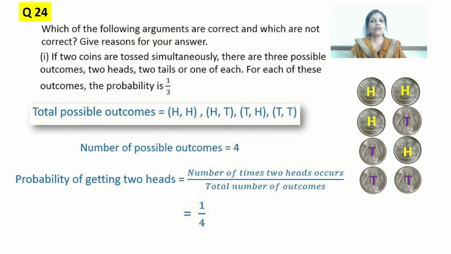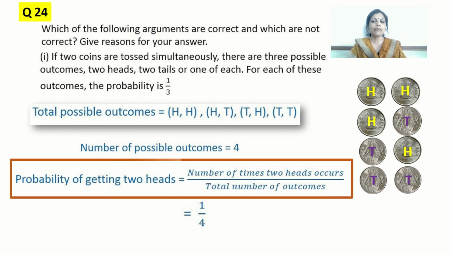So the probability of getting 2 heads is equal to the number of times we get 2 heads divided by the total number of outcomes. Now if you see the total possible outcomes, we are getting 2 heads only 1 time. So 1 upon 4 is the probability of getting 2 heads. And if you check the argument, it is written that the probability is 1 by 3. So this 1 by 4 is not equal to 1 upon 3.